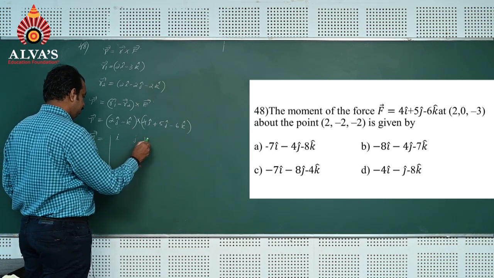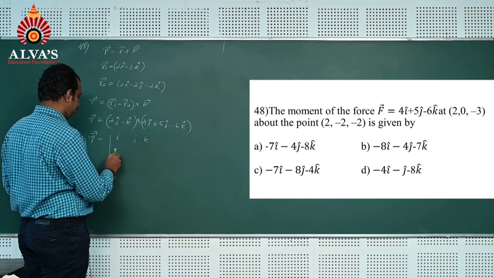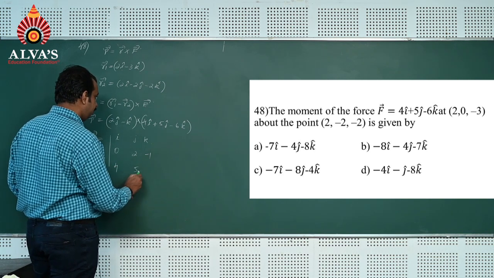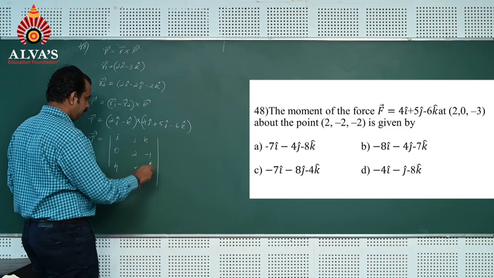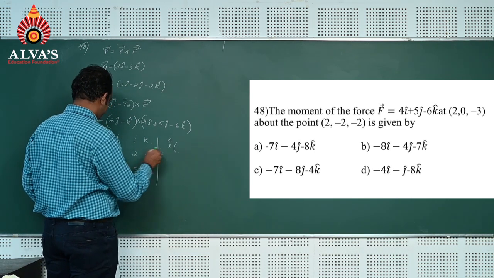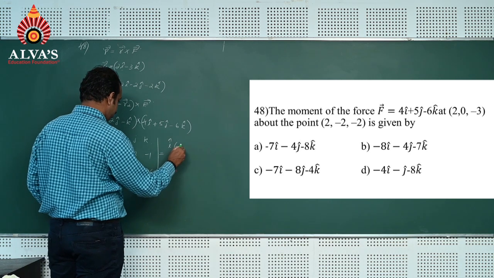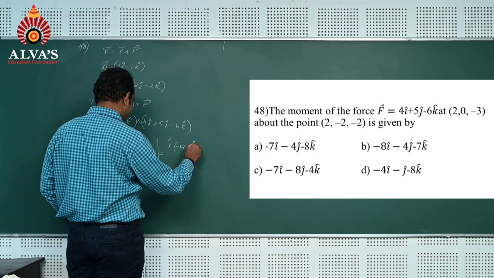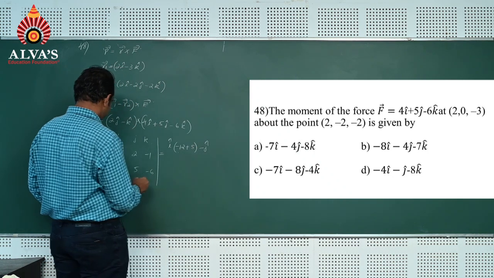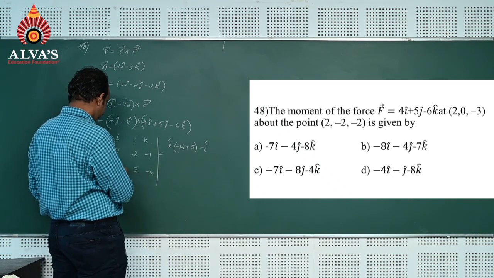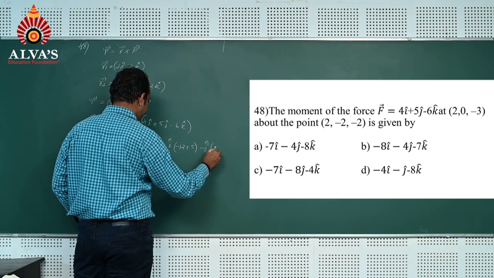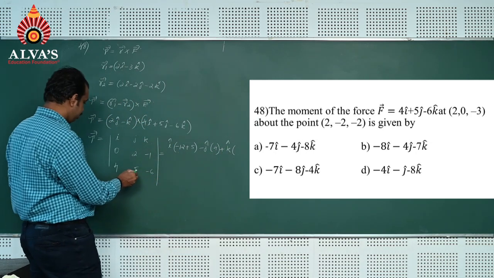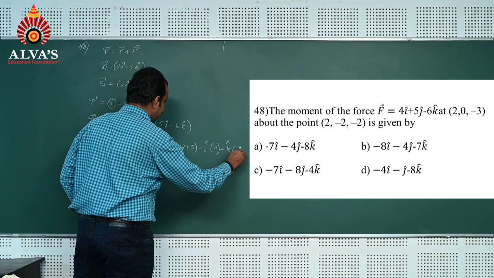i, j, k, it is 0, 2, minus 1, 4, 5, minus 6, which is equal to i cap 2 into 6 minus 12, plus 5 minus j cap, it is 6 into 0, 0, 4 into minus 1 plus 4, minus plus k cap, it is 5 into 0, 0, 4 into 2 minus 8.